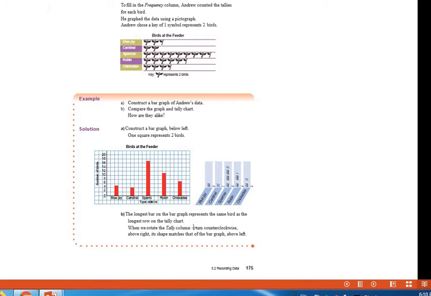The longest bar on the bar graph represents the same bird as the longest row of the tally chart, here for the sparrow. And if you go up in the pictograph, we'll see that we have the sparrow, the longest one. So when you rotate the tally column counterclockwise over to the right, its shape matches the bar graph on the left.